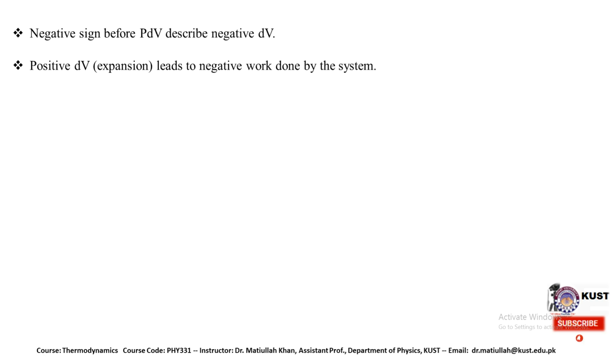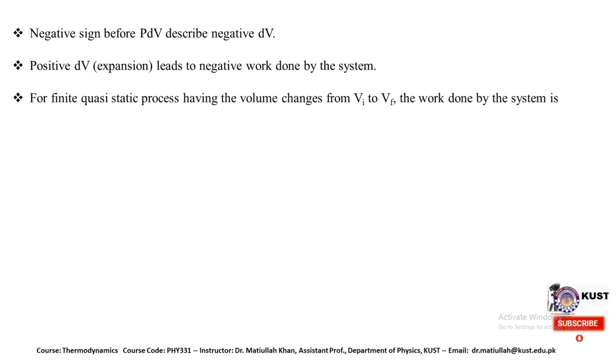The negative sign before PdV describes the decrease in volume. Positive dV is the expansion process, where the volume increases, and in that case negative work is done. But in this case positive work is done because the volume decreases.